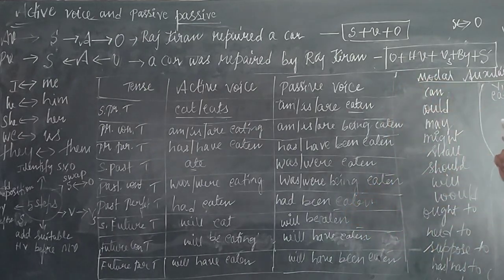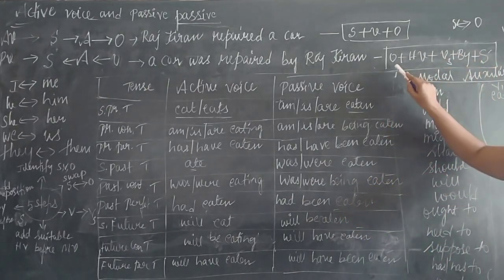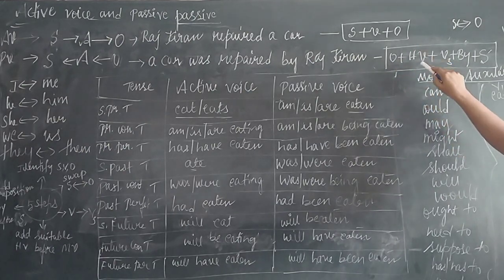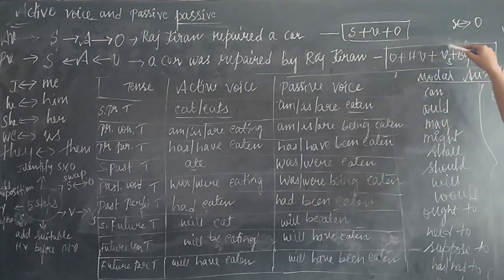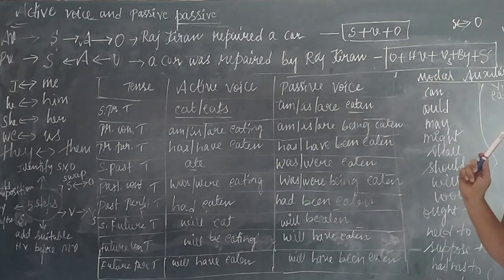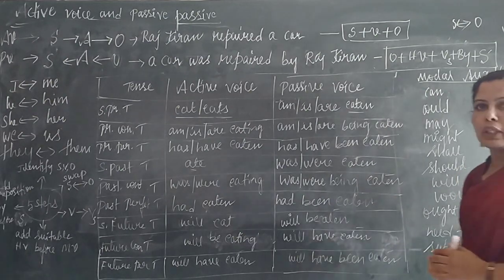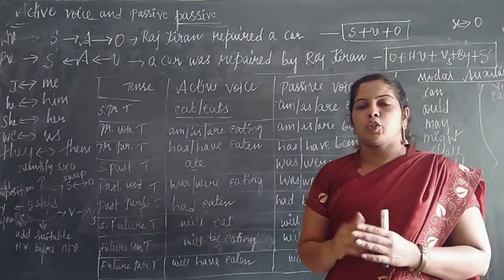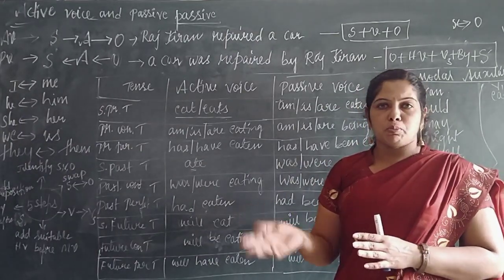So, the standard form of a passive voice is, first you will have an object followed by the helping verb, and again you will have a V3 form, that is the past participle form of the verb, by, and followed by the subject.